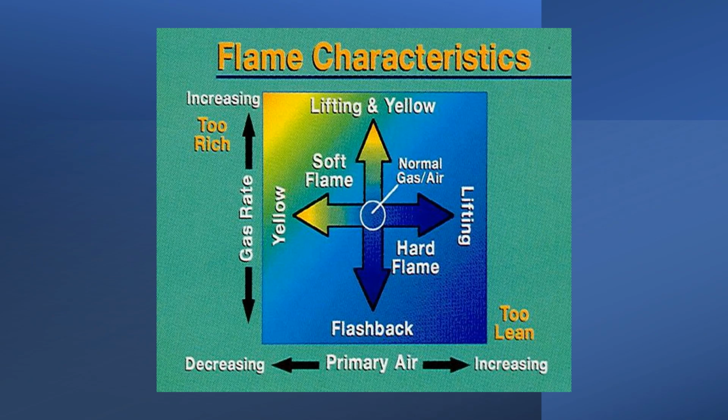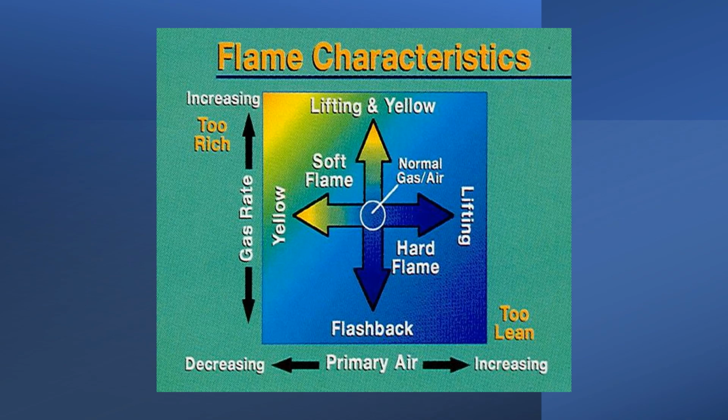By increasing primary air, we're going to get a hard flame and possibly a lifting flame off of the burner. By decreasing primary air, we're going to get a softer flame and a yellow tip flame and could see some flashback on the burners.